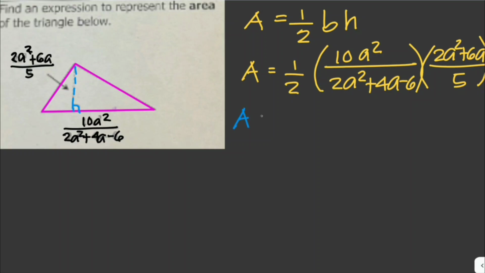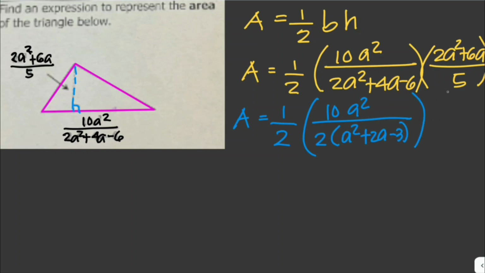So that would be 1/2 times 10a squared over, we can factor out 2 times a squared plus 2a minus 3, and here we can also factor out 2 and a. It would be 2a times a plus 3 over 5.